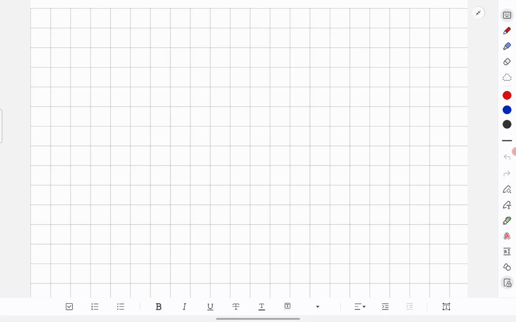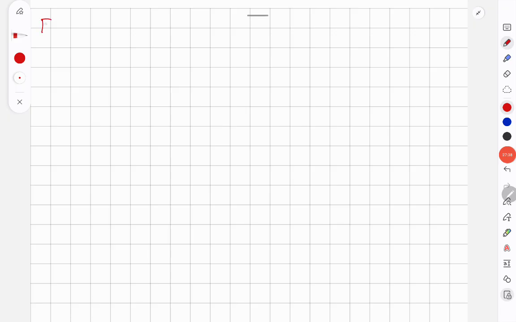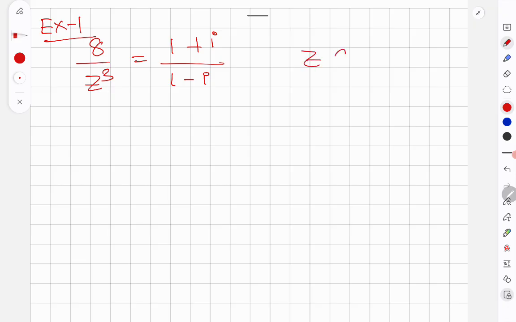Okay, question number 1: 8 upon z^3 equals (1 plus i) over (1 minus i), and your z belongs to the complex numbers. The question asks to solve and write the solution in algebraic form as well as in trigonometric form.